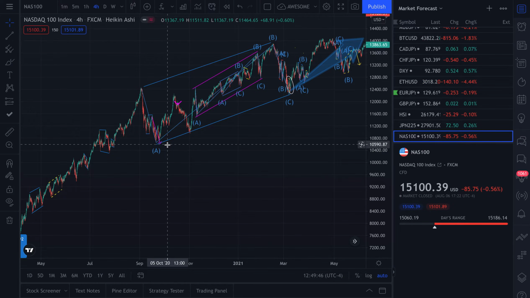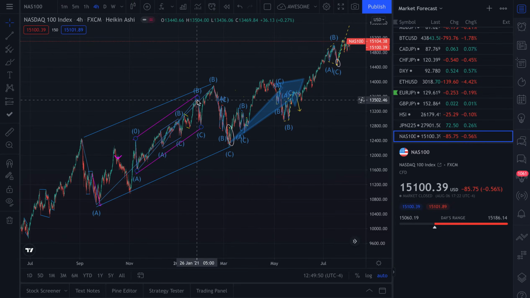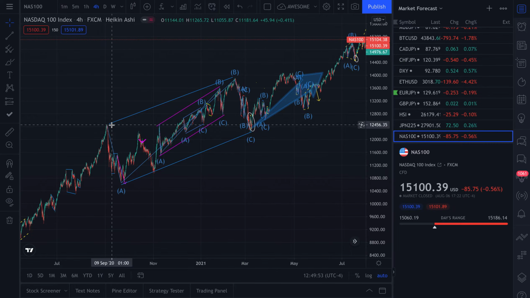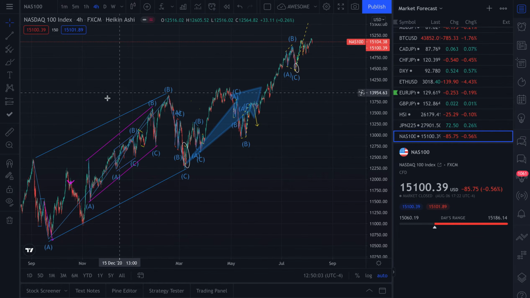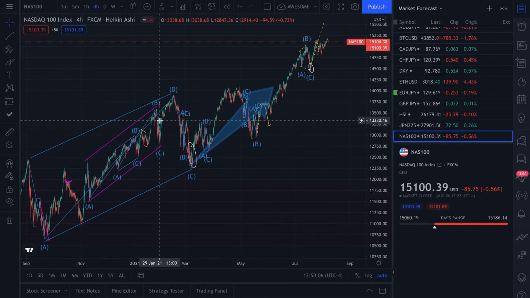That would be the full name. If you want to just call it a running flat, that's okay too, right? The bullish just implies that you have an impulse up, correction, followed by another impulse up. When you are going upwards, right, you're in the presence of a bullish flat, right? So that's a bullish running flat.